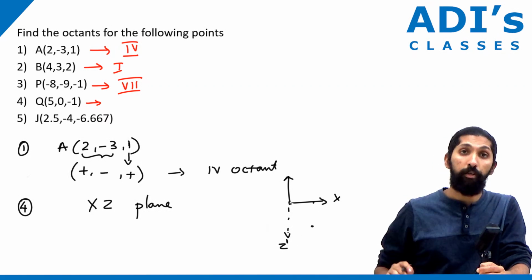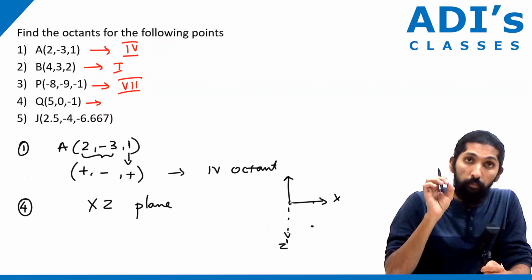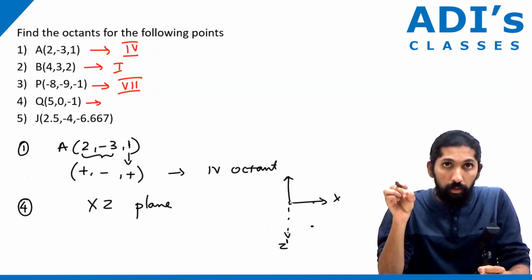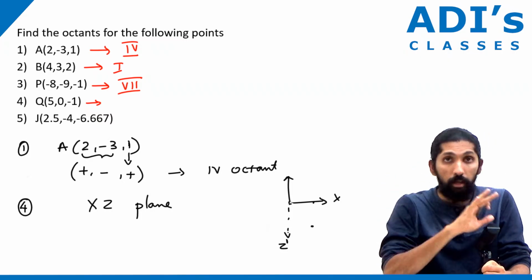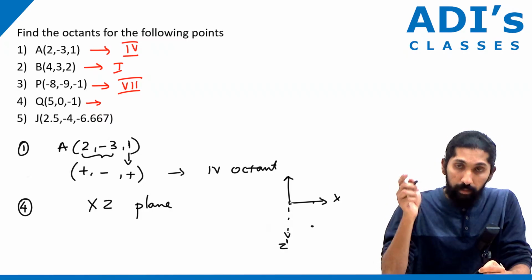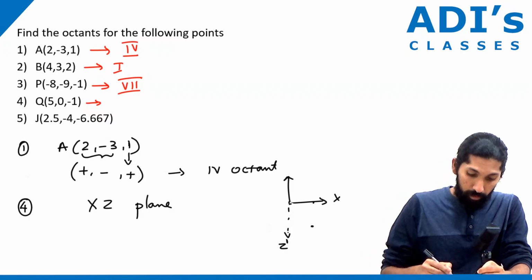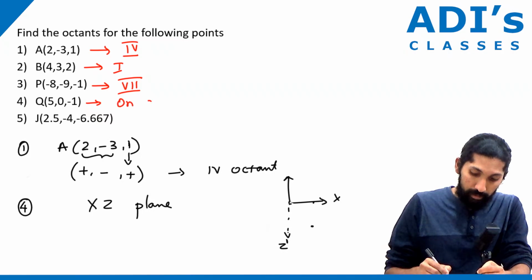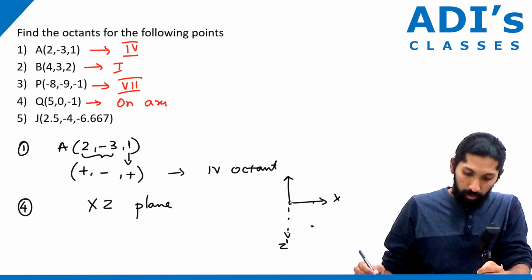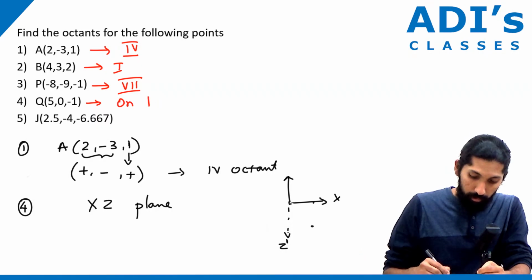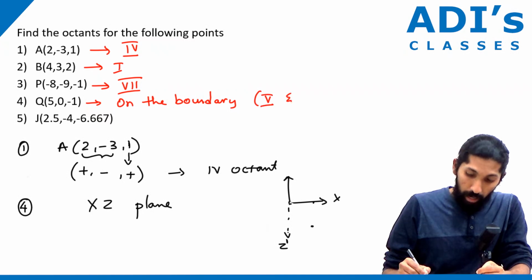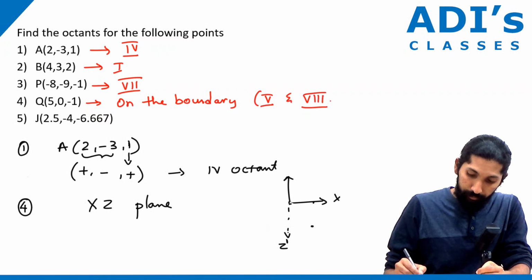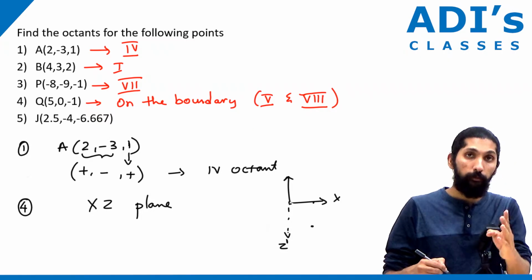That means it is going to be on the boundary of the 5th and the 8th octant. It's neither in the 5th nor in the 8th octant, whereas it is on the boundary. Not axis, I would say, more like a boundary. So it is on the boundary of the 5th and the 8th octant. That is the answer for the 4th one.